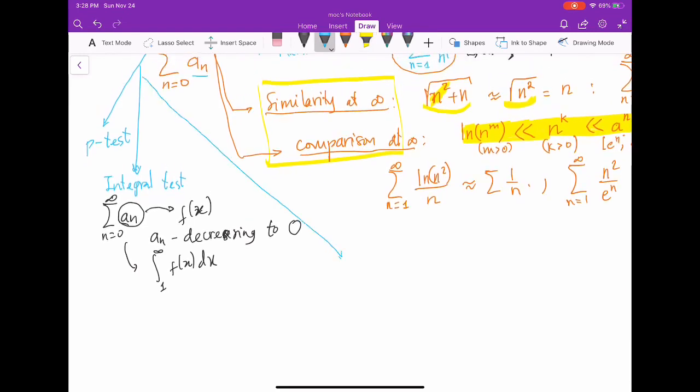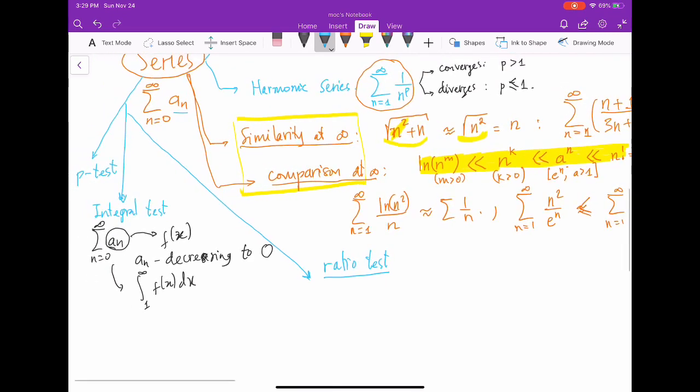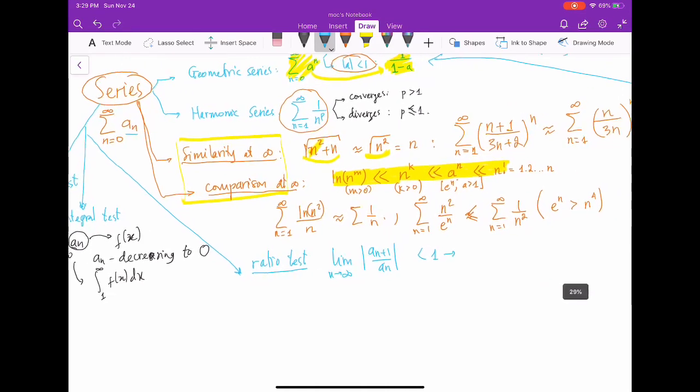Next test, I would say, is the ratio test. This is quite important because we use the ratio test for power series. So the ratio test says, if the limit of a_(n+1) over a_n as n goes to infinity is less than 1, the series converges.